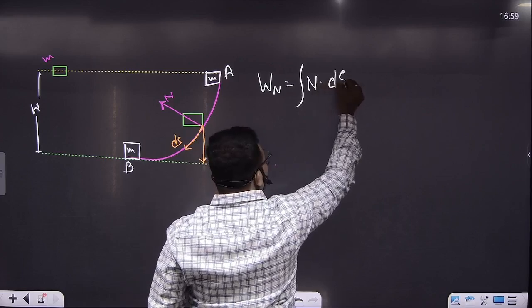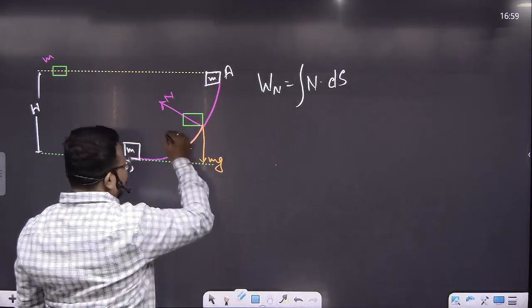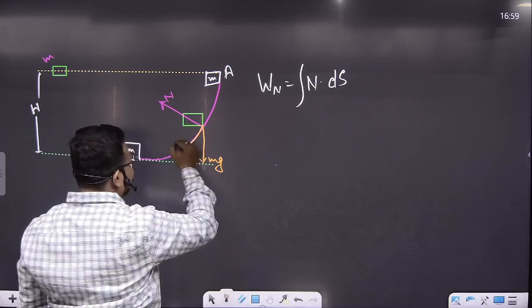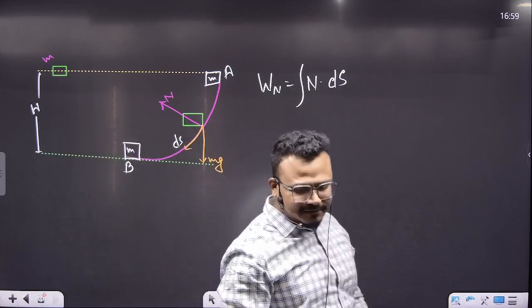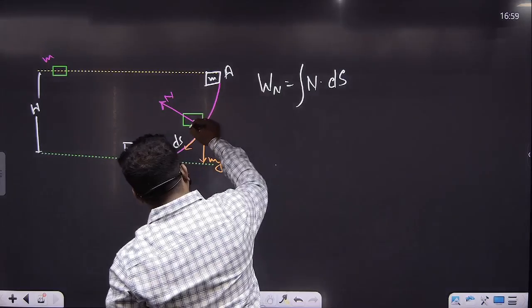Let me take a small displacement ds. What is the angle between them? If you see properly, this angle is 90 degrees.